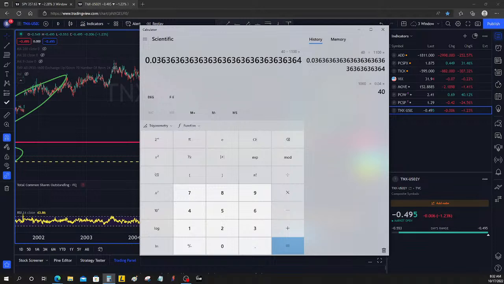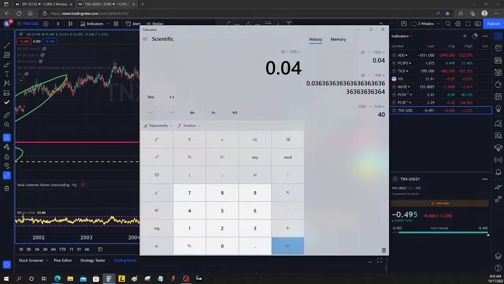If I buy that same bond that yields 4%, but I pay $1,100 for it, instead of getting a 4% yield out of that bond, I'm getting a 3.6% yield. Just to do that again, a $1,000 bond that yields 4% gives you $40 per year if you hold on to it.